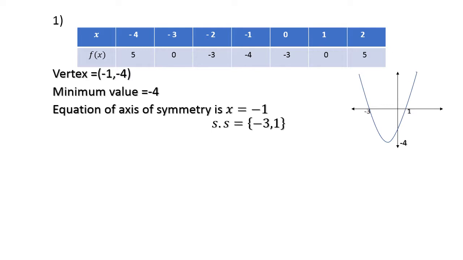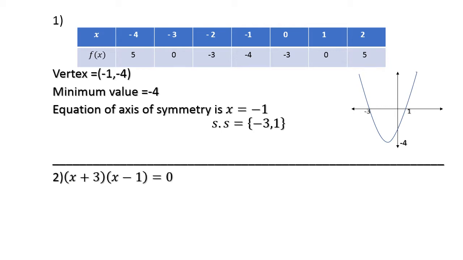To determine the solution set, look at the intersection points with the x-axis, which are negative 3 and 1. This is how I can find the solution set graphically. The solution set graphically is the intersection with the x-axis. We have 2 points, negative 3 and 1.